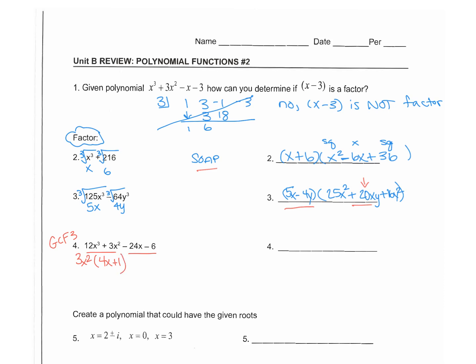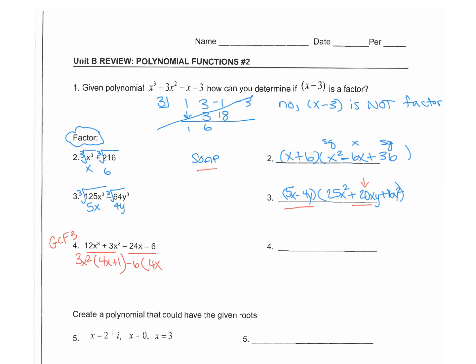So it'd be 4x plus 1. And now my next term, I have a minus sign in the middle, so I know I'm going to be factoring out a negative. And looking at the 24x and the 6, they both have a 6 in common. So I'm going to divide both by a negative 6, and negative 24 divided by a negative 6 will give me a 4, and I have my x.